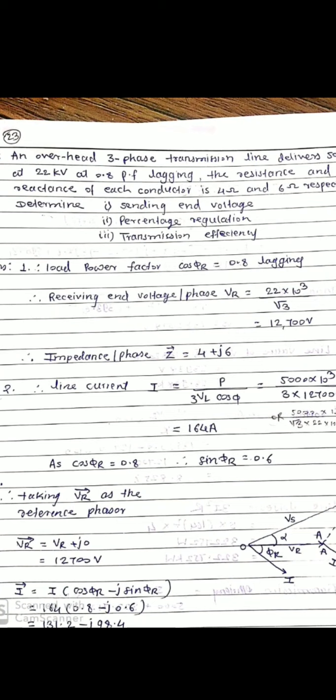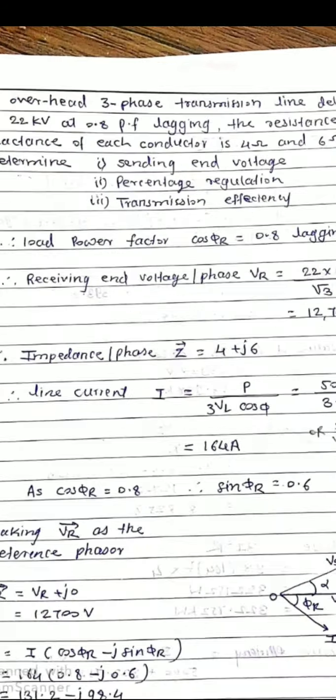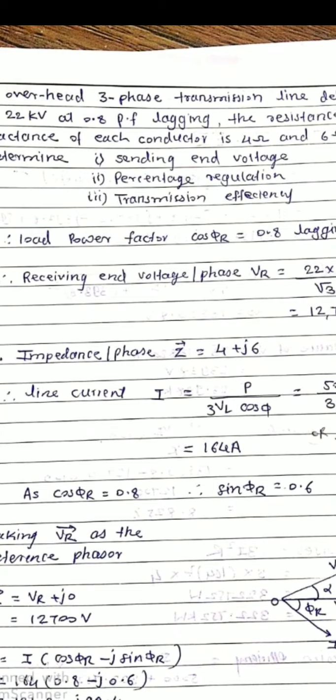An overhead three-phase transmission line delivers 5000 kilowatt at 22 kV at 0.8 power factor lagging.